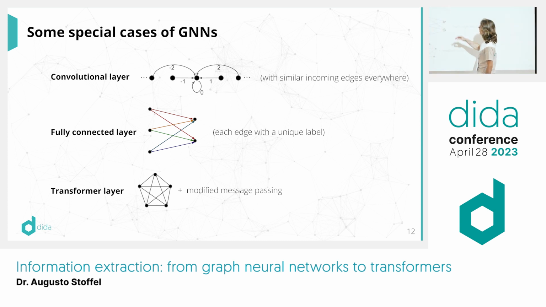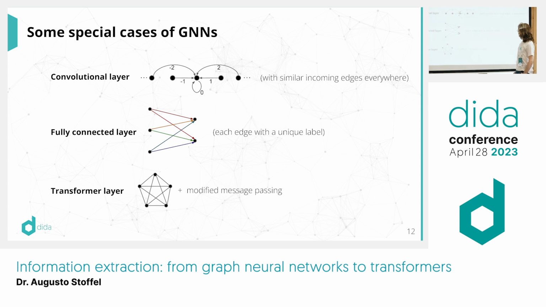If my graph is just a sequence of dots on a line, and I connect each node with, say, the 5 nearest neighbors, and I label the arrows by the displacement, so I have these incoming edges here, and a similar structure for each of the other nodes, then that formula exactly recovers the convolutional layer, okay? Can also do this in 2D with a similar graph.